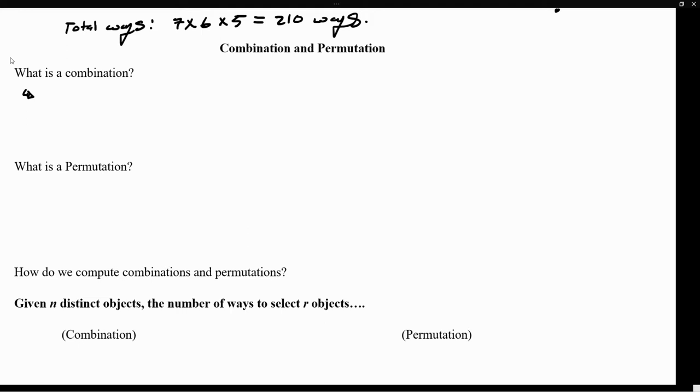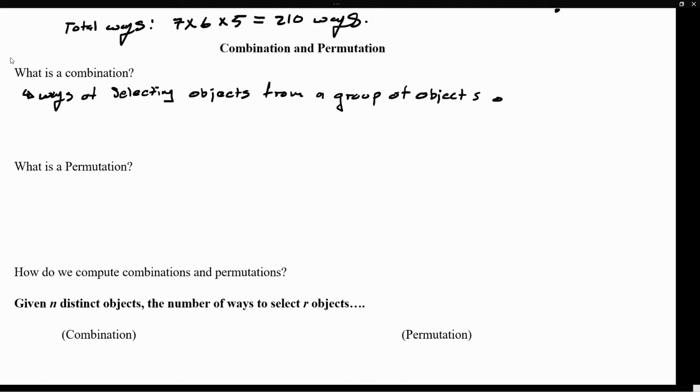The way that we're going to define a combination is that a combination is a way of selecting objects from a group of objects or collection where the order does not matter.